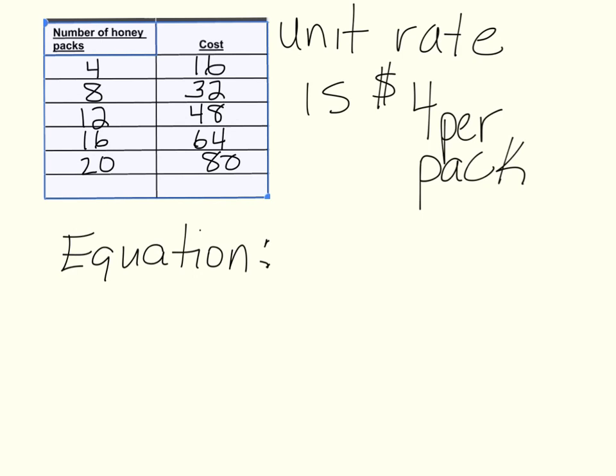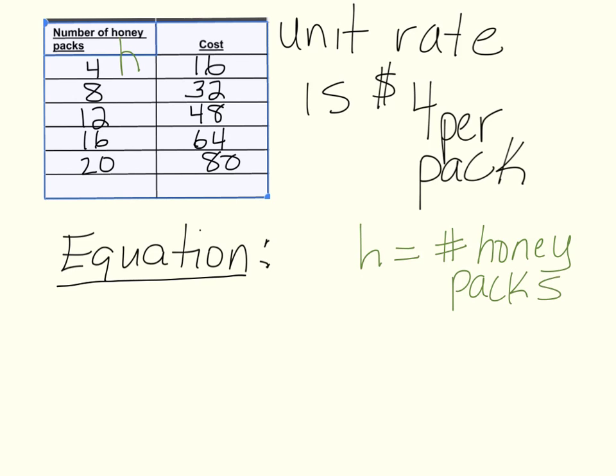So something that we're going to add here is that we know this table that came from the graph with the honey was proportional and that the unit rate is $4 per pack. But they also asked us to write an equation that goes with this. So we are going to use H to represent the number of packs of honey, and we're going to use C as the cost.